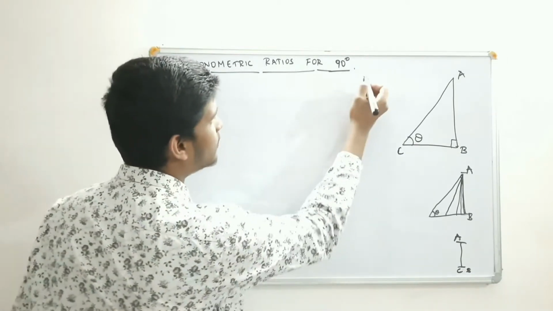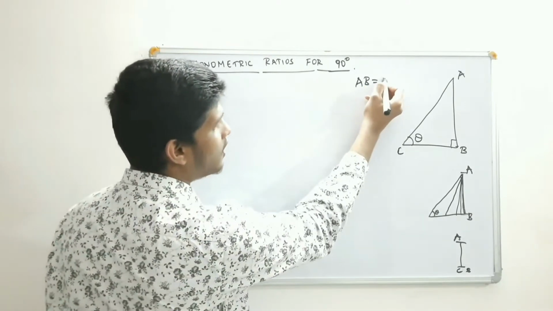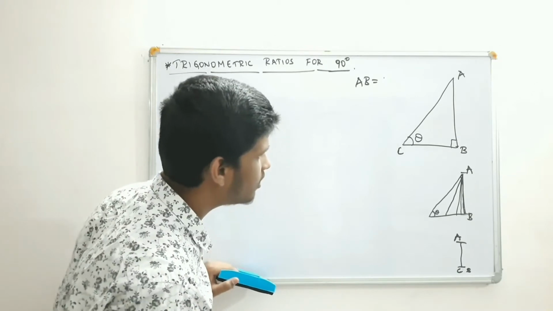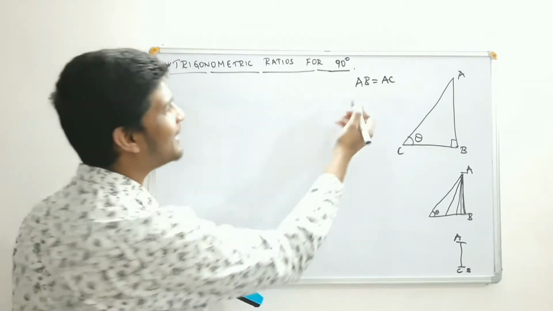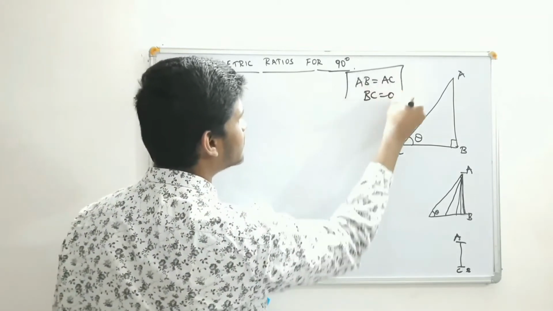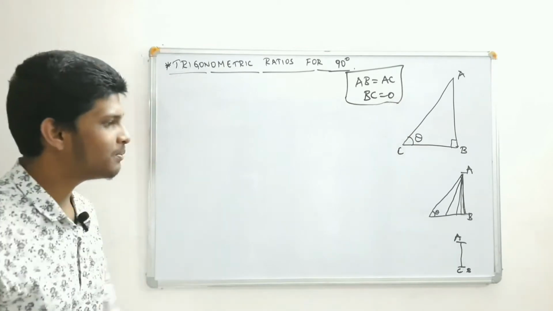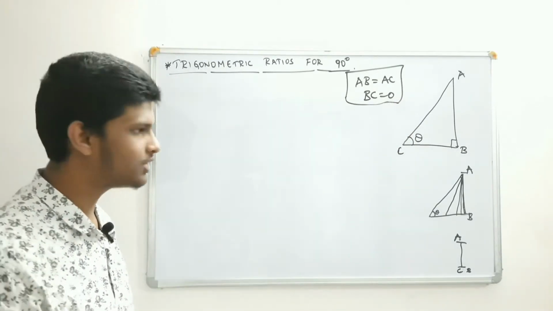So for this, if you say what is AB, AB is equal to AC, and BC is equal to 0. BC here is nothing, they are on the same point, so BC is equal to 0.